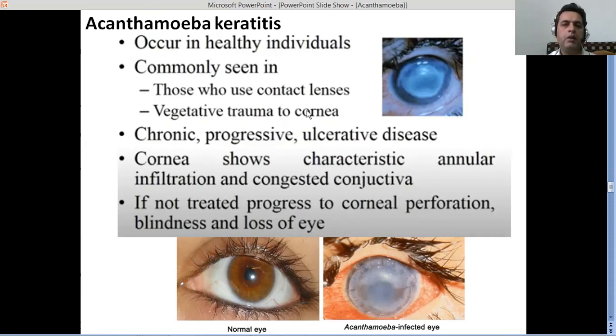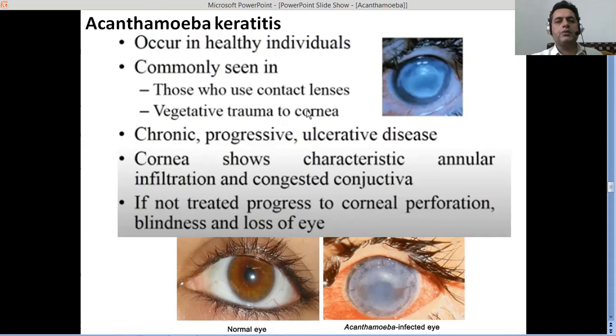And it happens so because, as we talked about the distribution of this parasite in the environment, it is ubiquitous. It is present almost everywhere in the environment, in all kinds of water, whether it is drinking water or highly processed drinking water, just like the commercial water that we buy for drinking, or tap water, or other water types.